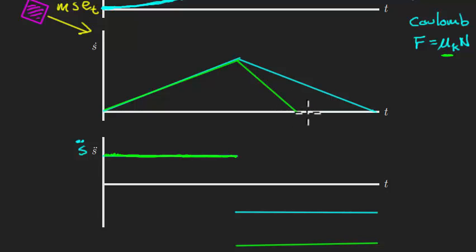And maybe I should continue on here. Once the block comes to a stop, it stays there, right? Ooh, maybe I got something wrong with my graph here. Once it comes to a stop, it has to stay here. It just stays put. So my velocity graph goes like this. After it comes to a stop, velocity hits 0 and stays 0.